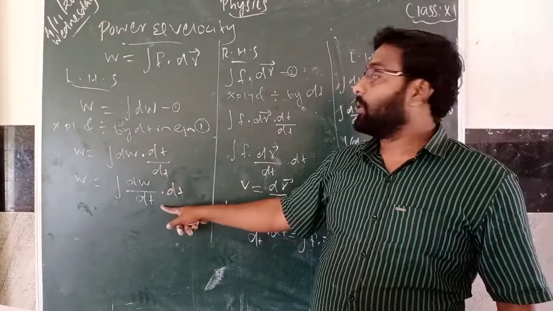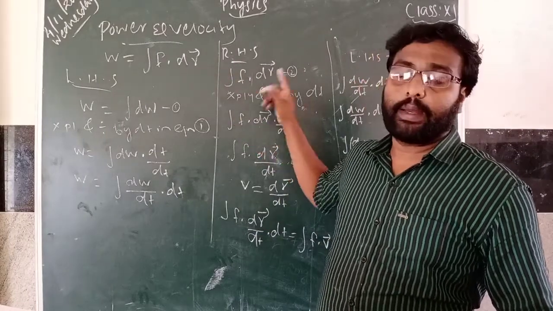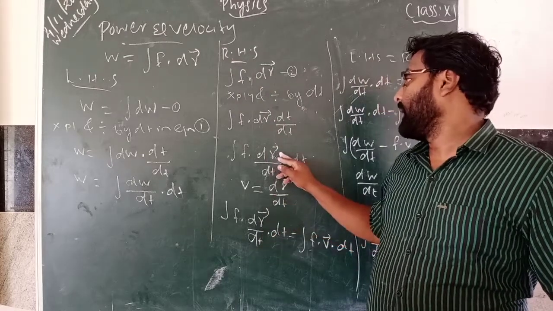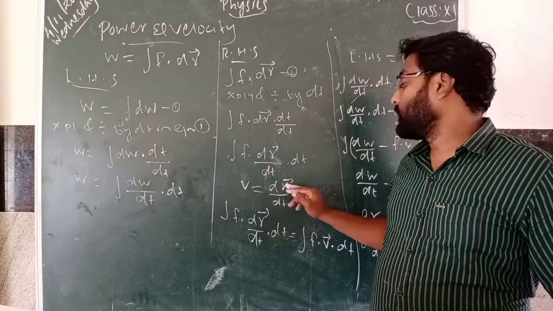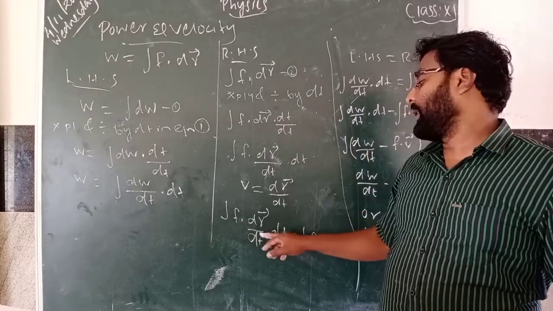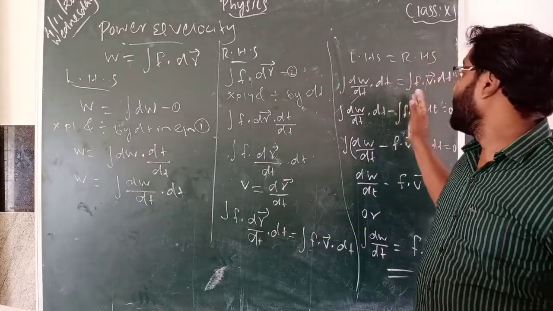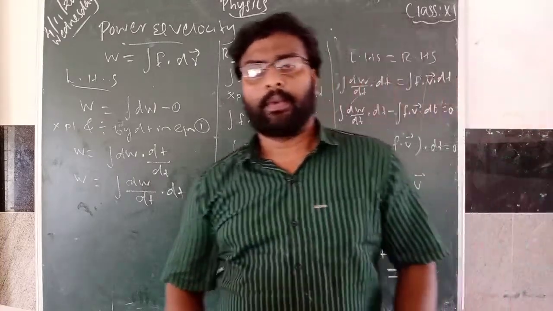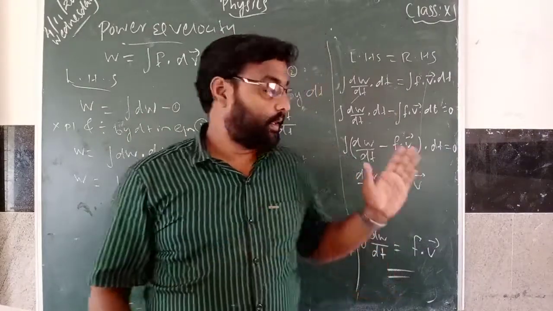Here dr by dt means displacement by time, which is velocity. So we get F dot v. Now LHS equal to RHS gives this relation. This is one important 3-mark question in this unit.